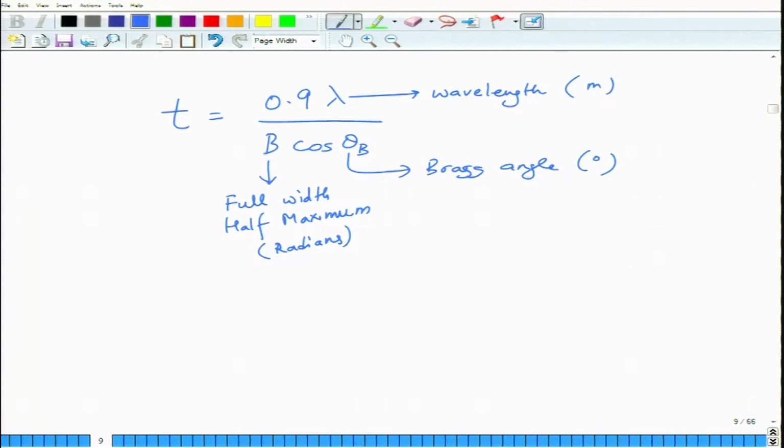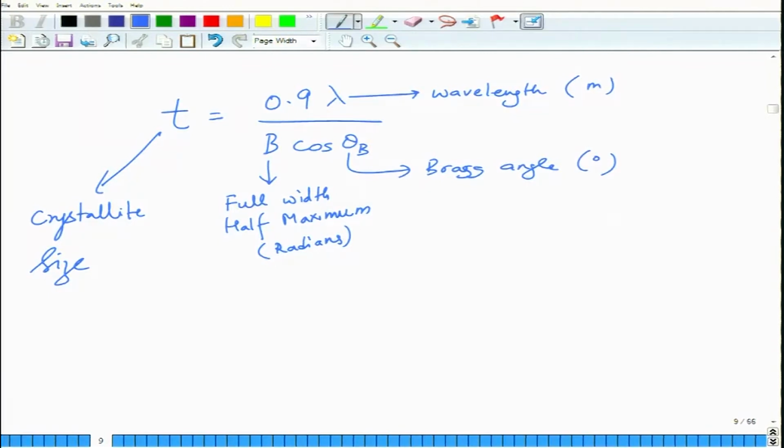So this will give you the T, which is called the crystallite size. So your higher broadening will mean smaller crystallite size. So your fine grained material will give you higher broadening, and your coarse grained material will give you smaller broadening.